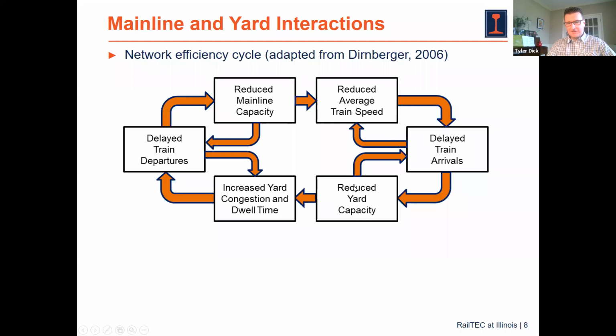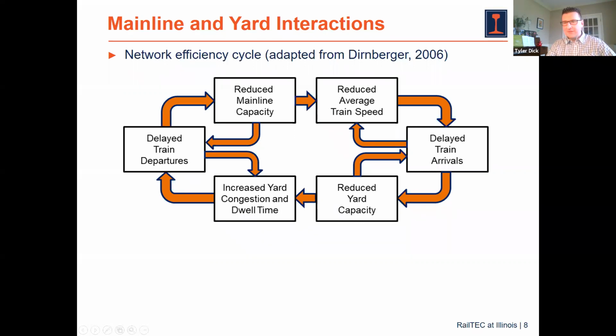We've also sketched in some additional feedback loops on the inside. For example, if we reduce our yard capacity and have congestion, once the yard fills up you have to delay trains on the main line because you've got no place to put them in the yard. Once you delay trains on the main line, you're reducing your average train speed and potentially taking away capacity.